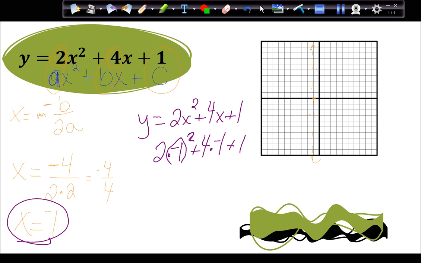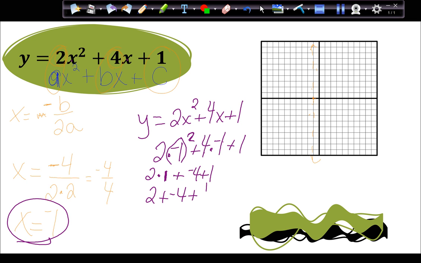If not, the calculator or Desmos will not find the value correctly. So negative 1 squared, remember, it's a negative times a negative, so it's a positive. And then I have 4 times negative 1, which is negative 4. And then that's just going to become 2.